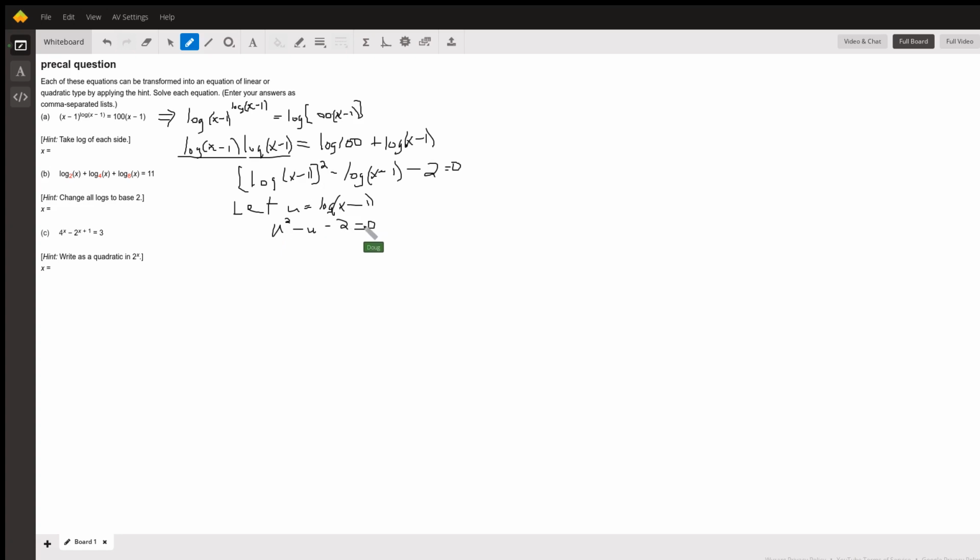And that factors into u minus 2 times the quantity u plus 1. And that means u must be either 2 or u must be equal to minus 1.